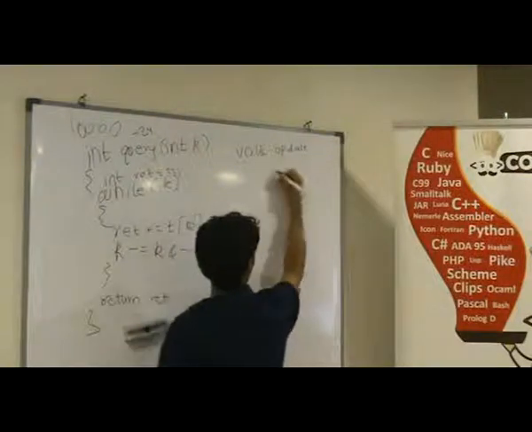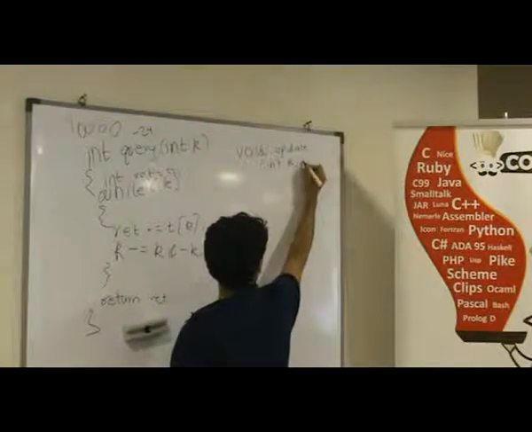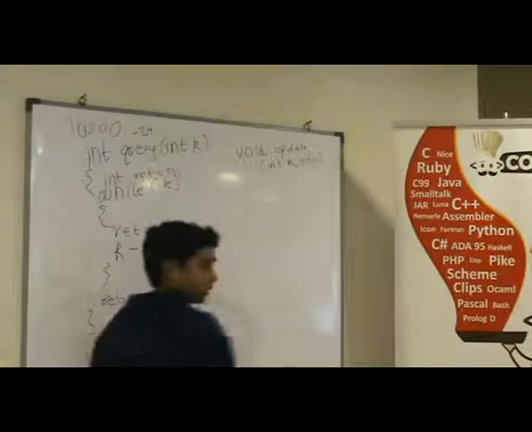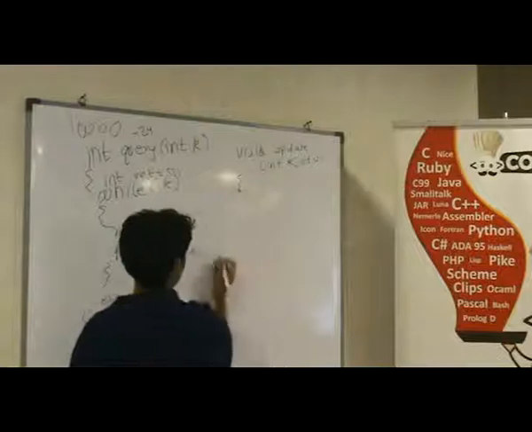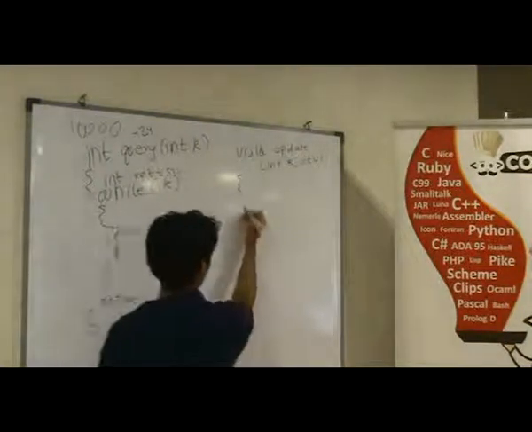This is your object. It takes two parameters. One is your k, that at index k you want to add the value b. This is void because there is no need to return anything. This is just an update, right? So what does this do?